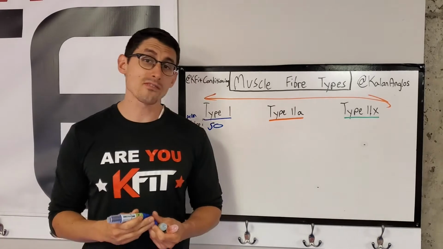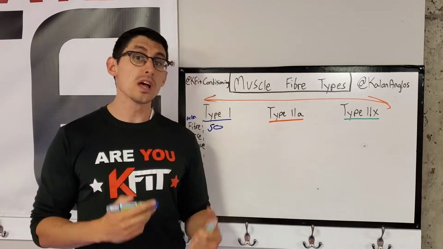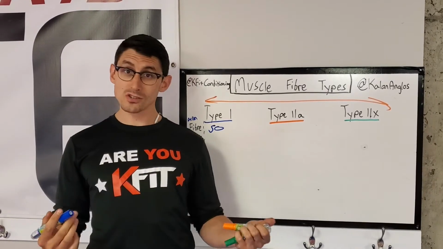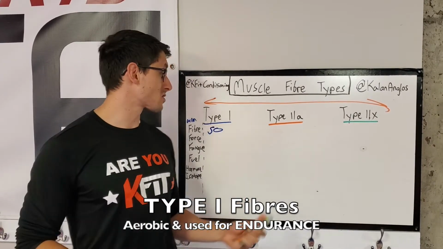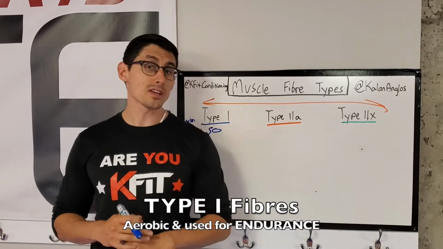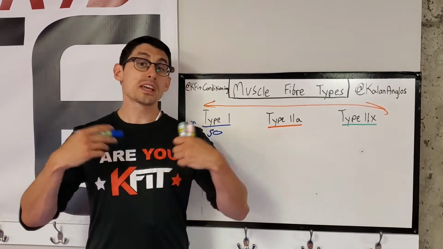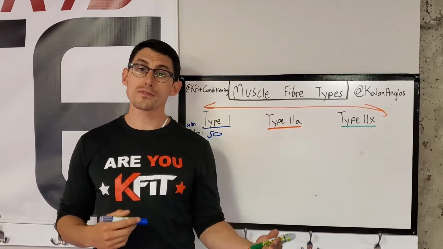These are oxidative muscles that particularly use the aerobic energy system for fuel, and are used during endurance exercises longer than 2 minutes, or low intensity exercises.